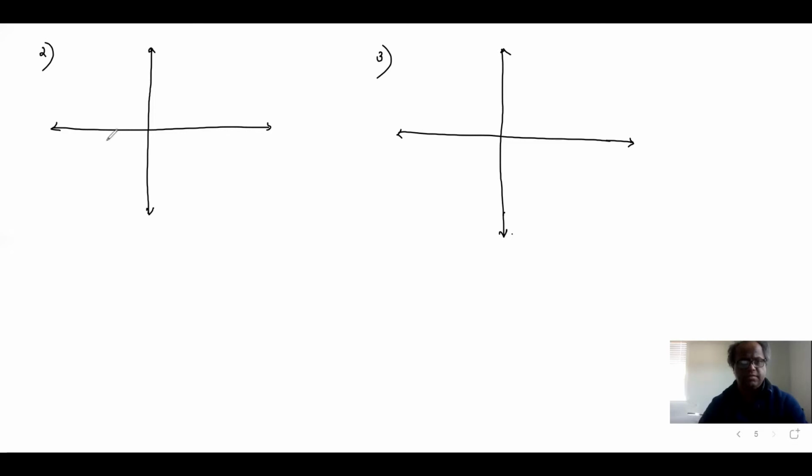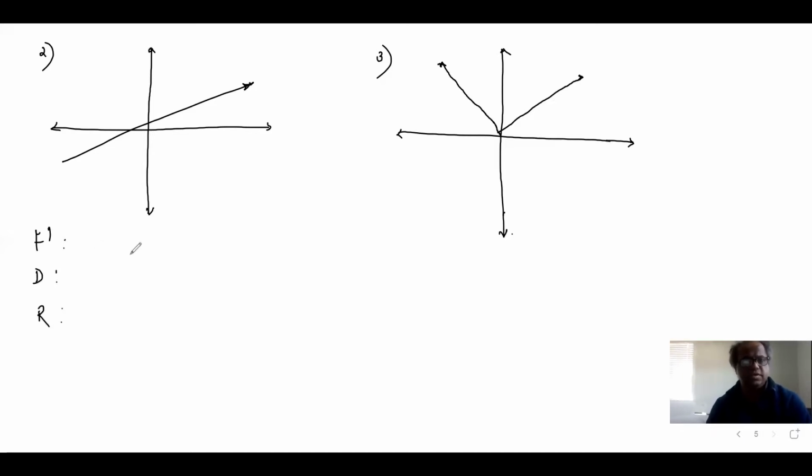So if I have a function like this, then if I have something like this, there's function, domain, and range. So if you see, this is a function, yes, because if I draw a vertical line, it will cut only and only at one point. So this is a function, yes.